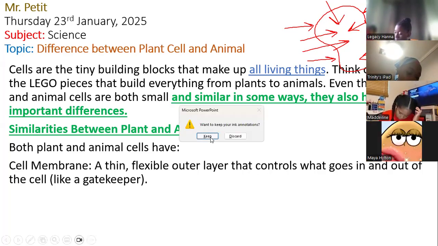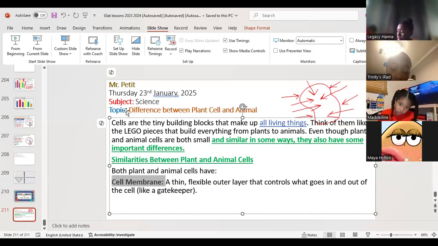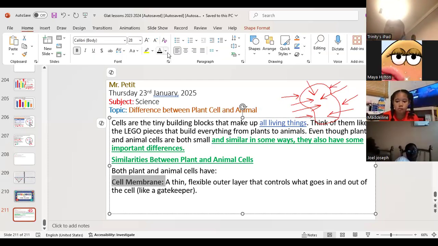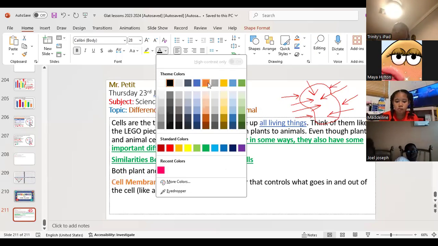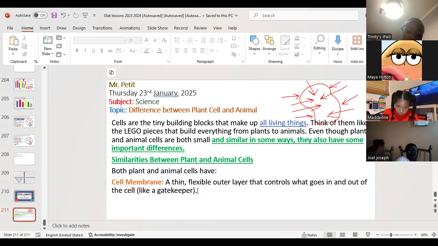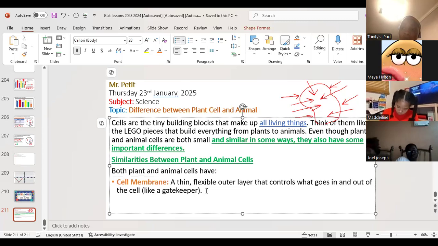So go ahead, Maya, read the definition of a cell membrane. Cell membrane: a thin, flexible outer layer that controls what goes in and out of the cell, like a gatekeeper. Very good. So the cell membrane is there as a gatekeeper to determine what comes in and out of the cell. It surrounds the cell.